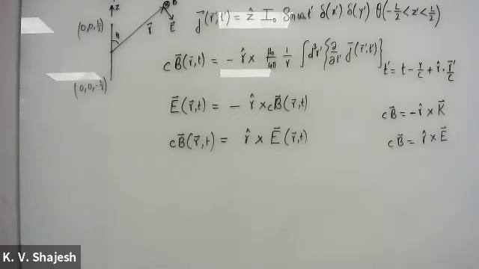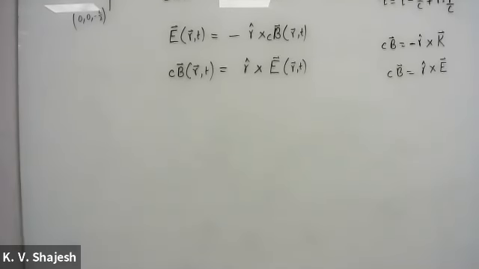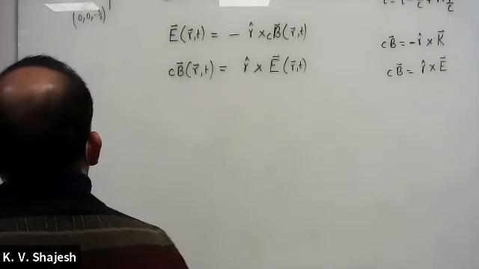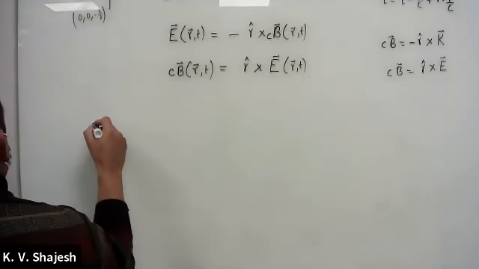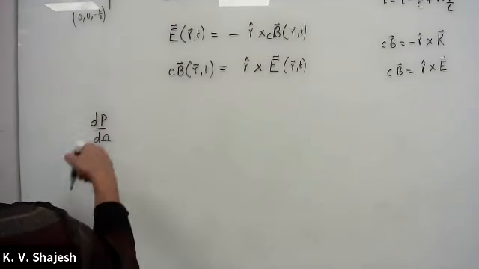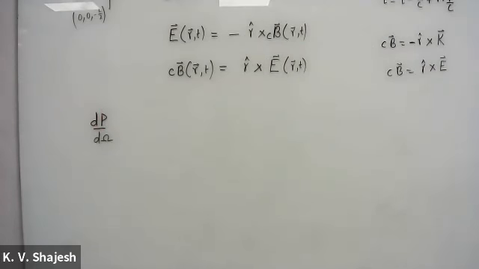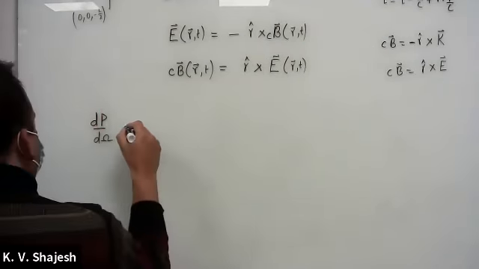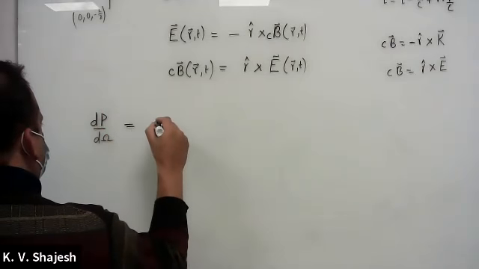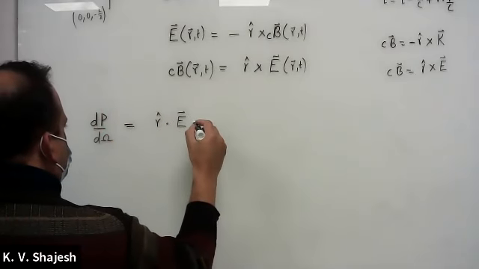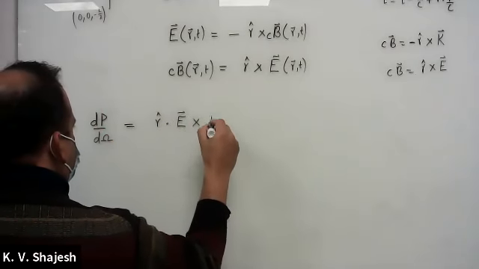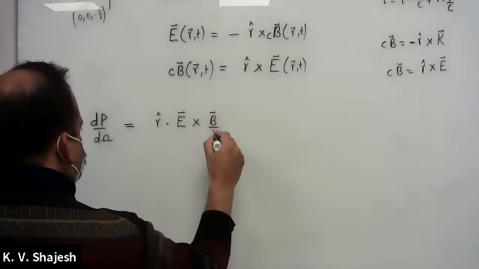And with that small caveat, we actually calculated the power radiated. So we argued that dP over d omega, power being change in energy with respect to time, was equal to r hat dotted with electric field crossed with H, which was the magnetic field over mu naught.